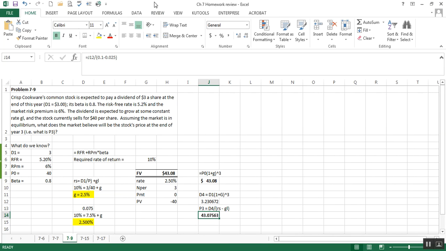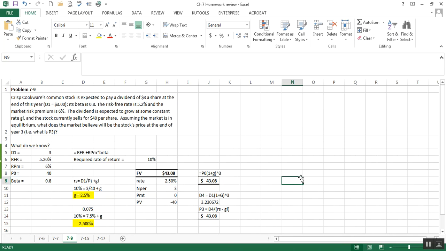So again, we have 43.08. So those are three different methods that we can use to calculate the price of the stock in 3 years.